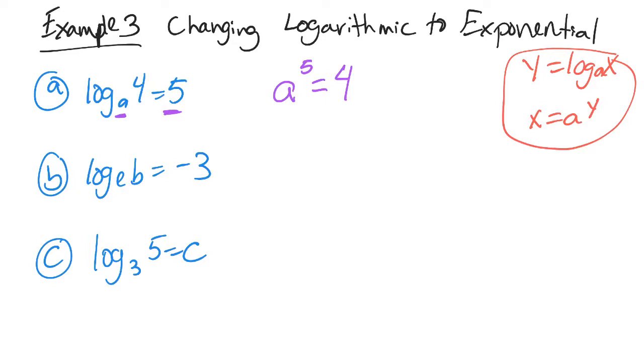So start with the next one. E is your base, so e to the exponent, which is your answer over there, your y, -3. E to the -3 equals the last piece left over, b. Now do your last one. Base is 3, so 3 raised to the c equals 5.